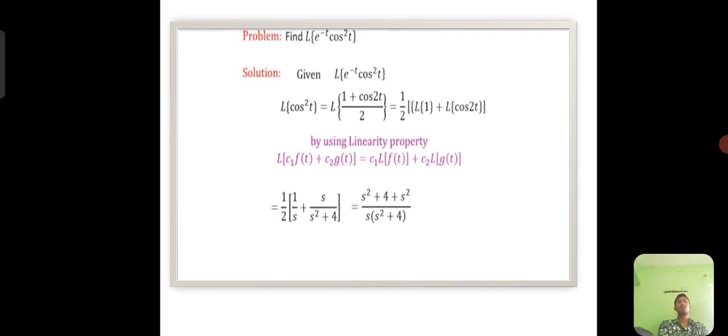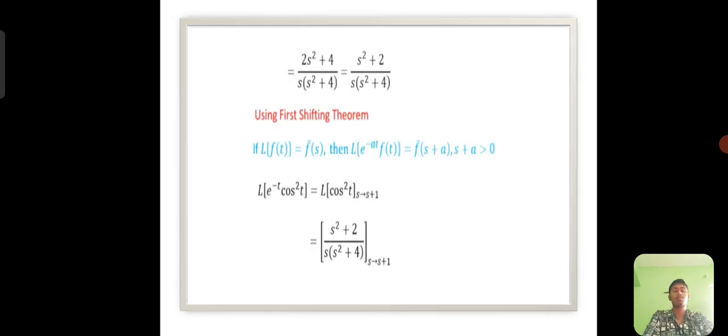Applying the Laplace equations and using the linearity property, L{c1 f(t) + c2 g(t)} = c1 L{f(t)} + c2 L{g(t)}. We can write L{1} as 1/s plus L{cos 2t} as s/(s² + 4), and we get the overall result (s² + 2)/(s(s² + 4)).